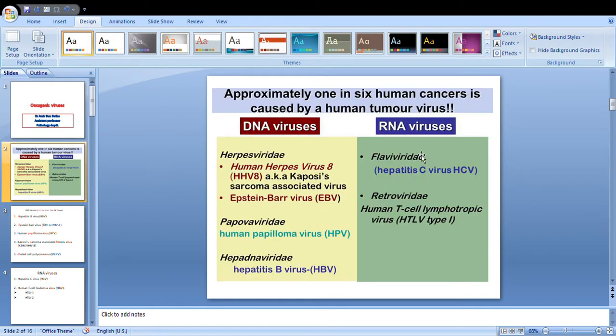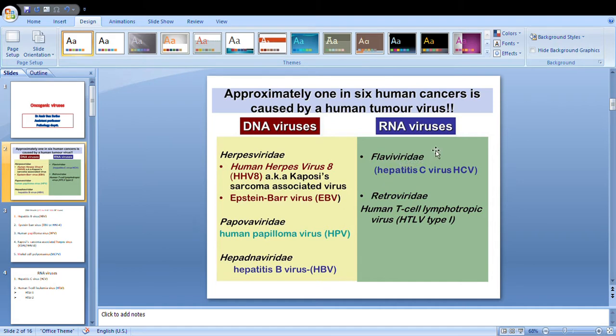These viruses are divided into two categories: the DNA viruses and the RNA viruses.